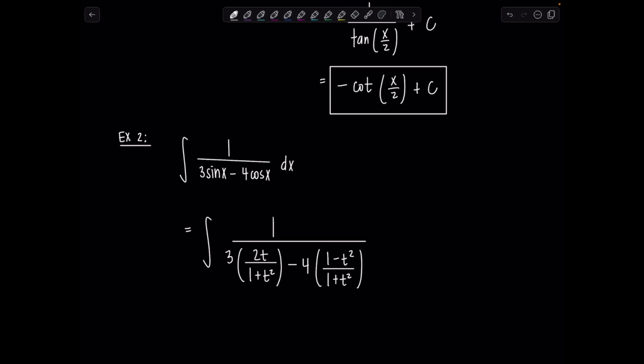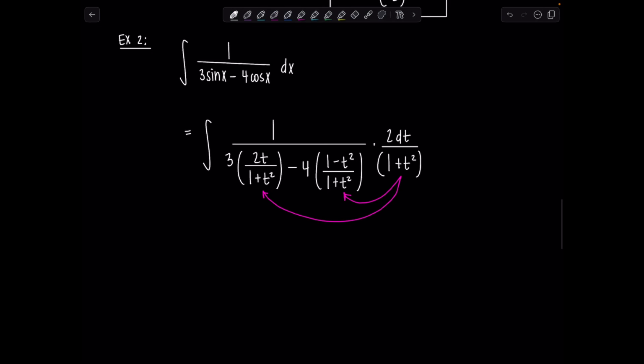And then dx is 2 dt over 1 plus t squared. And then similar to the last problem that we just did, if I distribute the 1 plus t squared from dx through the denominator, it'll clear up the fact that we have a complex fraction right now. So this will be just beautiful.